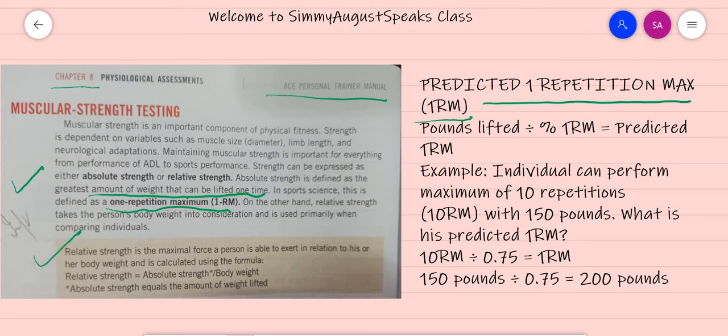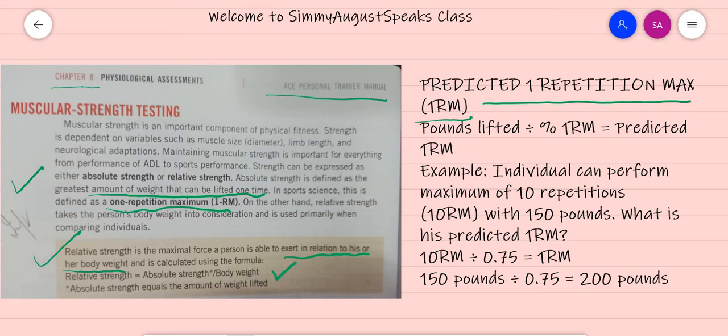Relative strength takes the person's body weight into consideration and is used for comparison purposes. Relative strength is the maximal force a person is able to exert in relation to his or her body weight, and is calculated using the formula: relative strength is equal to absolute strength divided by body weight.